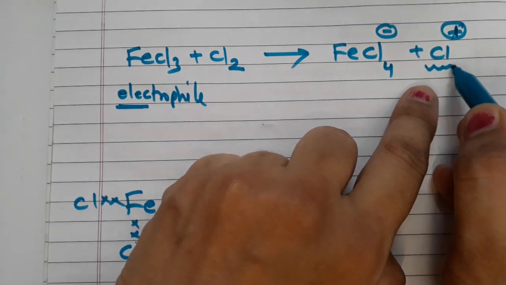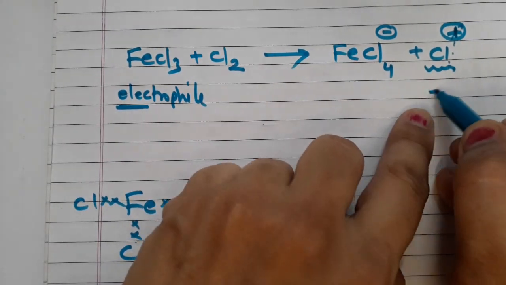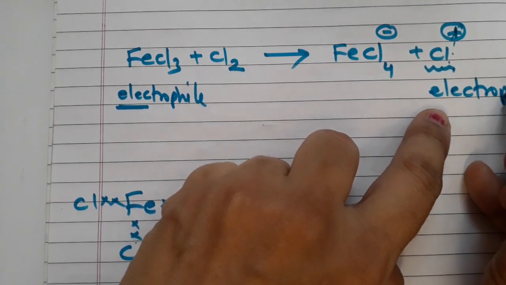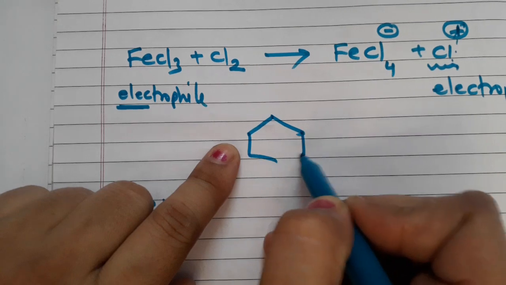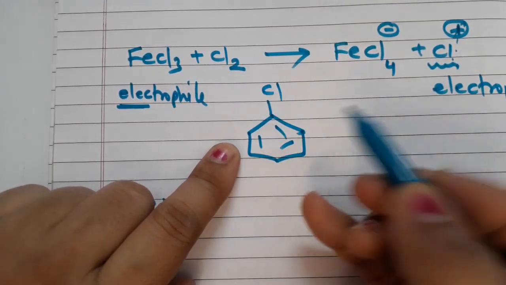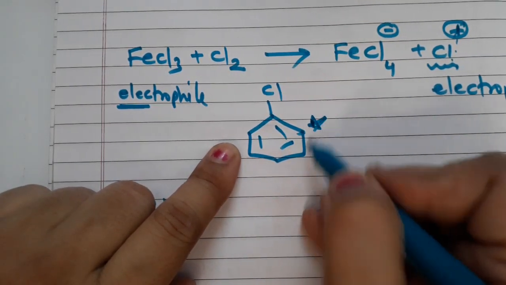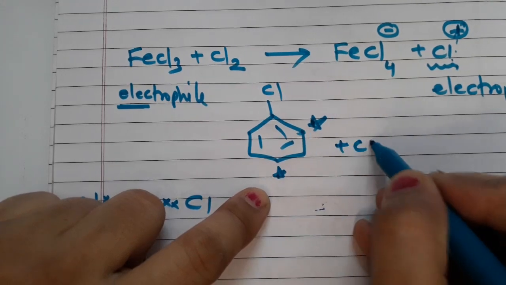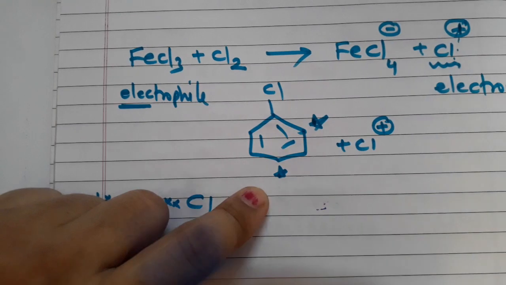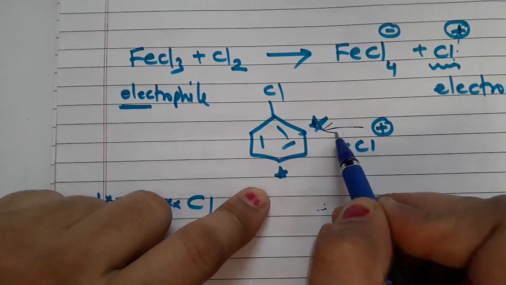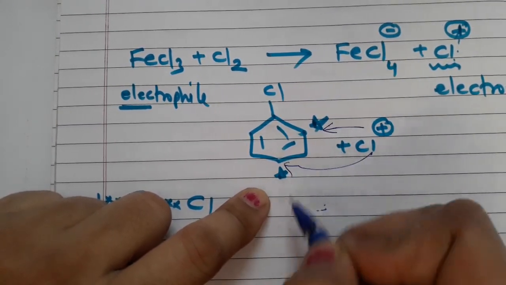Now this chlorine, Cl plus, is the electrophile over here. Okay, and when this electrophile approaches chlorobenzene, we know that electron density is more at ortho and para, hence Cl plus will go and attack either on the ortho position or on the para position.